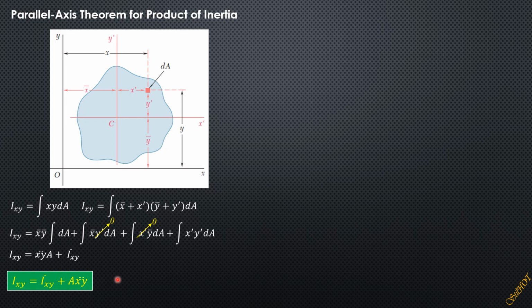So it looks the same. Then we can also say that Ixy, or P sub xy, is I sub cxy, the centroidal product of inertia, plus the area of the region times the x-coordinate of the centroid of the region times the y-coordinate of the centroid of the region.